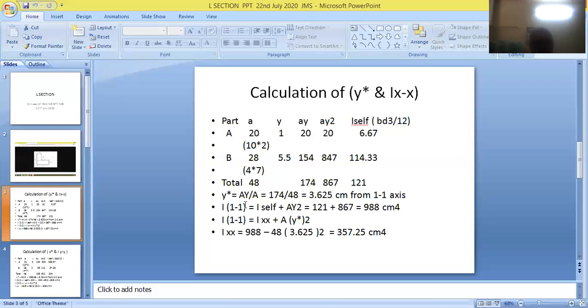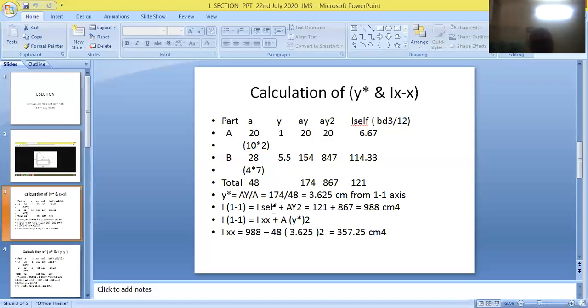So friends, Y bar is obtained by preparing tables and making all these calculations. Y bar, this is our first question, is obtained as 3.625 centimeters. So this is the way of doing Y bar calculations.